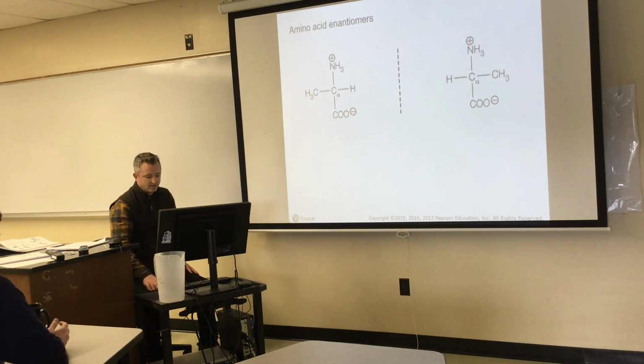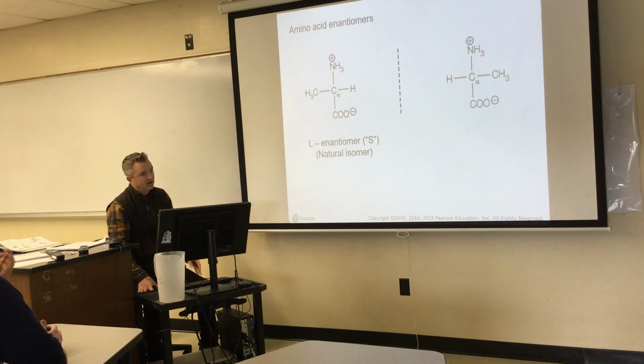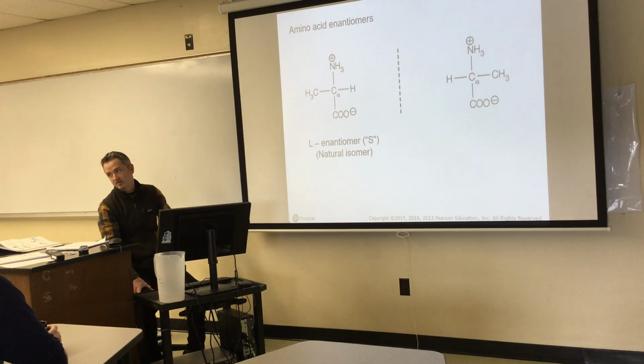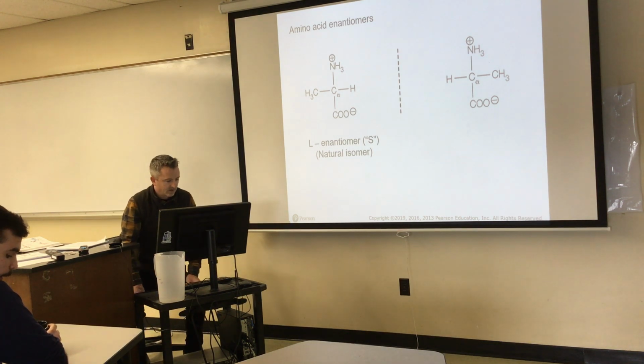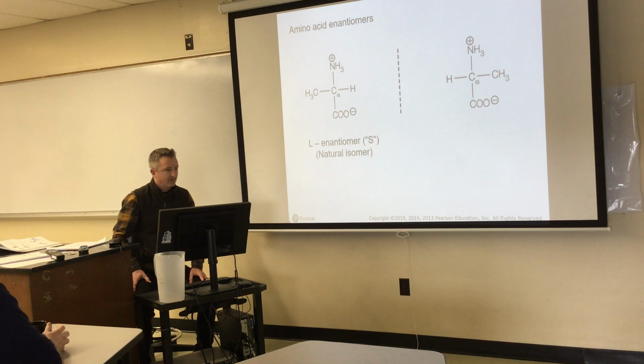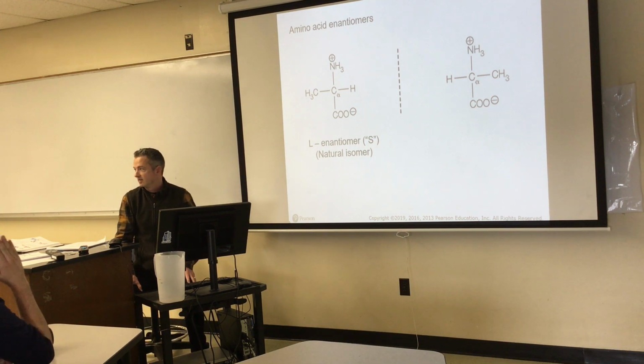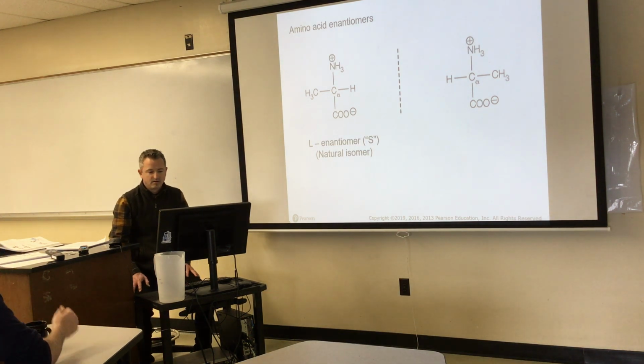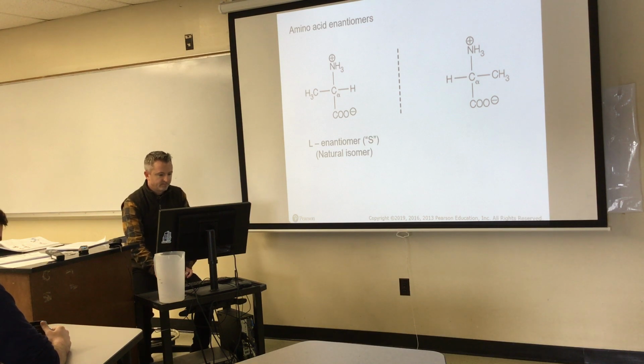The left hand is the L enantiomer, which is the S. That is the natural isomer for nearly all amino acids, not all amino acids, okay? Also, not all L amino acids are the S enantiomer either, which is interesting.